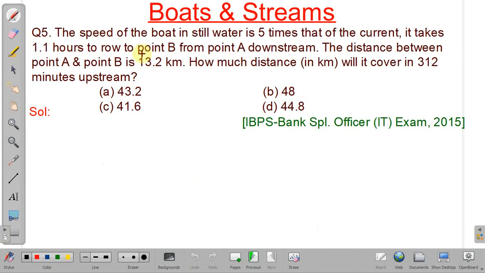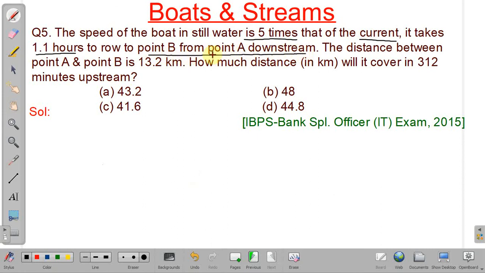See, in this problem it is given that the speed of the boat in still water is 5 times the speed of the current, and it is also given that it takes 1.1 hours to travel from point A to point B downstream.